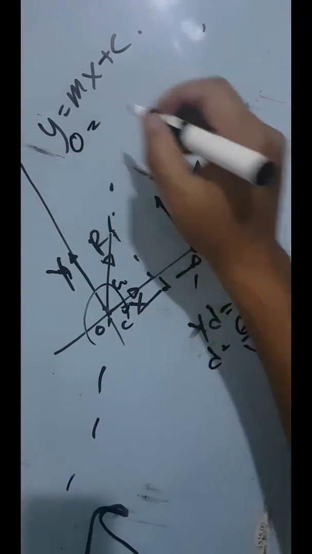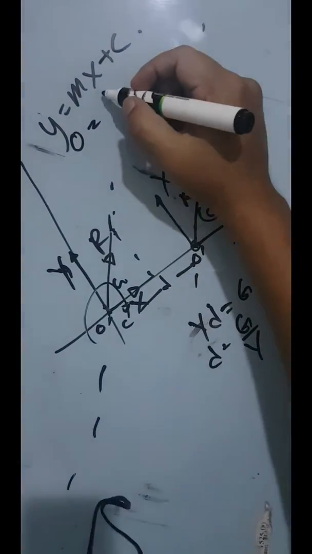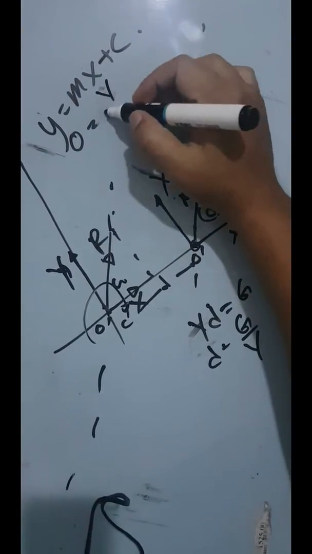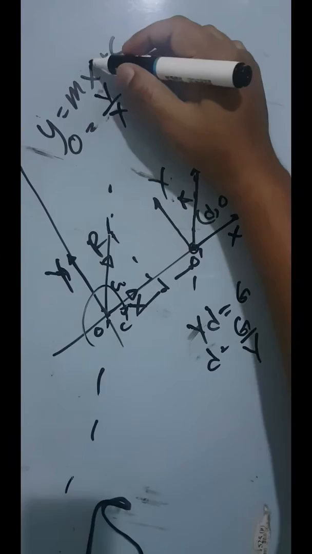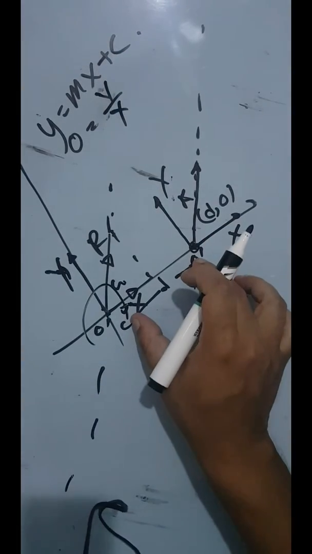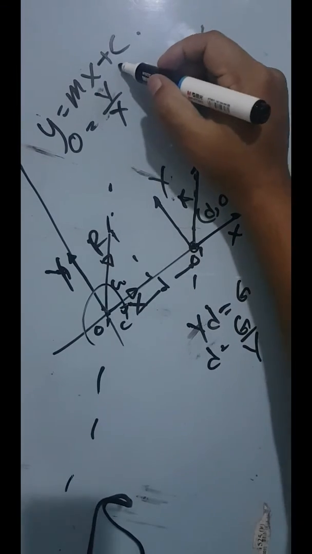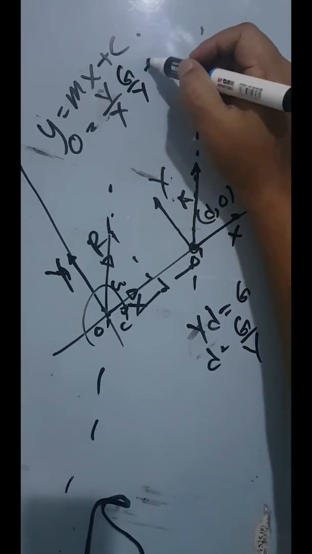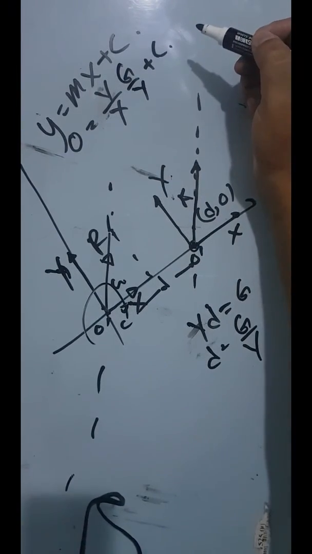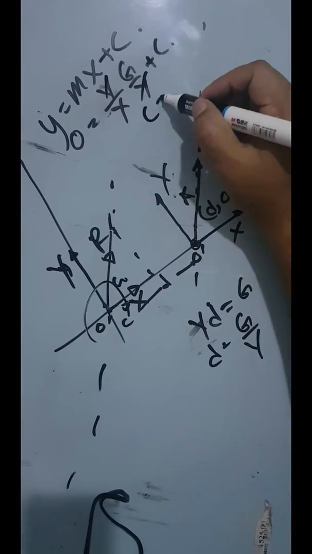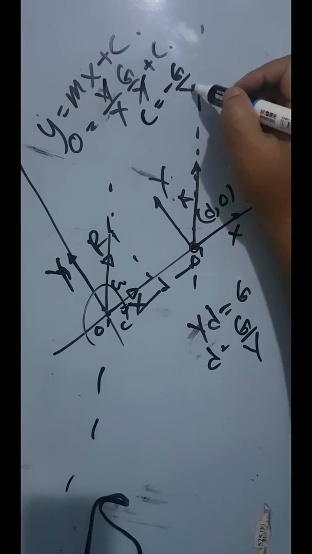Y is 0, m is capital Y divided by capital X, and x here becomes now d. How do you find d? D equals G over Y, plus c. Now Y cancels out, c is given now as minus G over X.